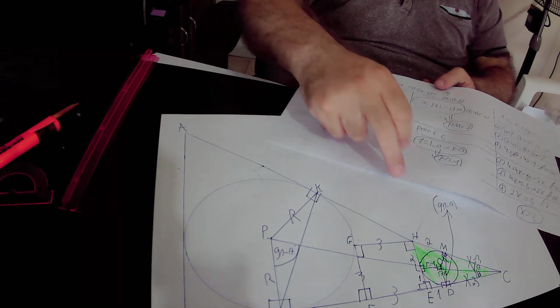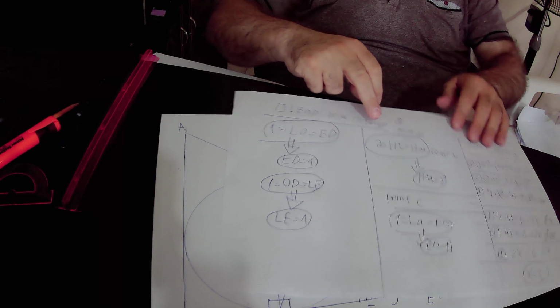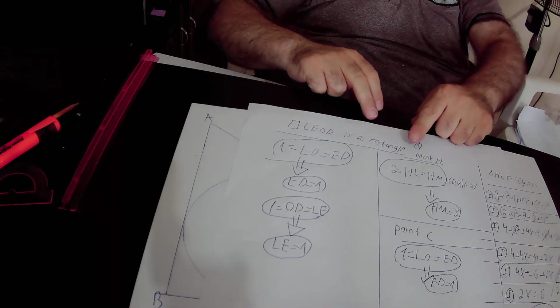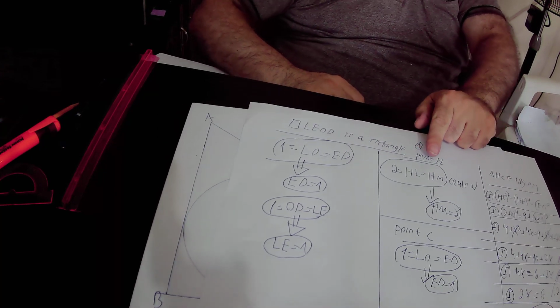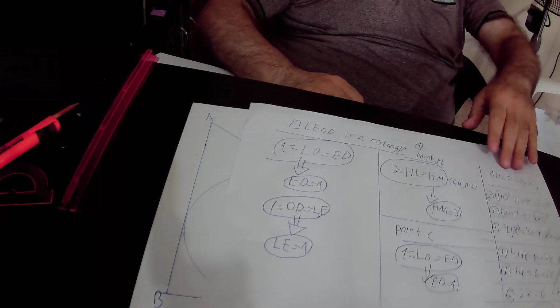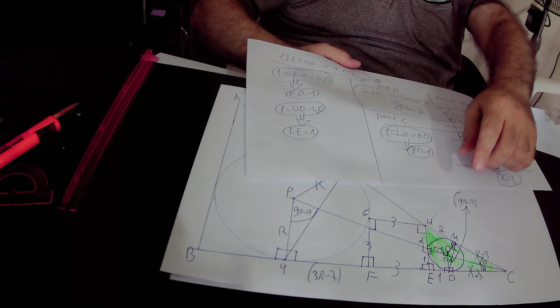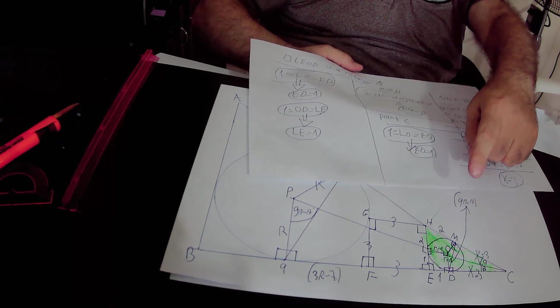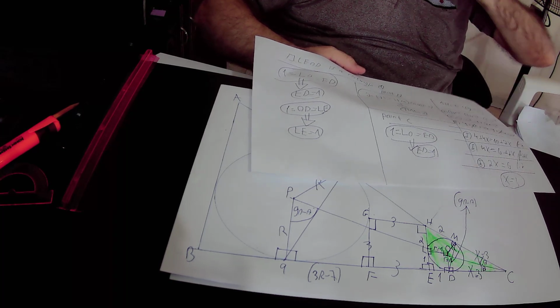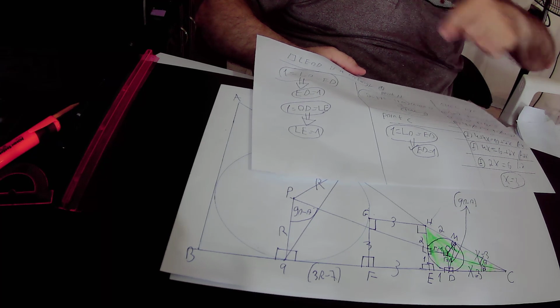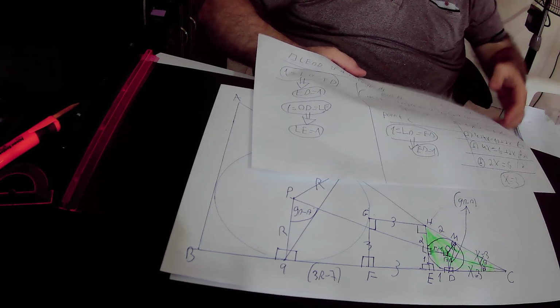But we have already found out that HL equals 2, so we can write that HL equals 2, and from this equation, 2 equals HL equals HM, we derive that HM is also equal to 2.